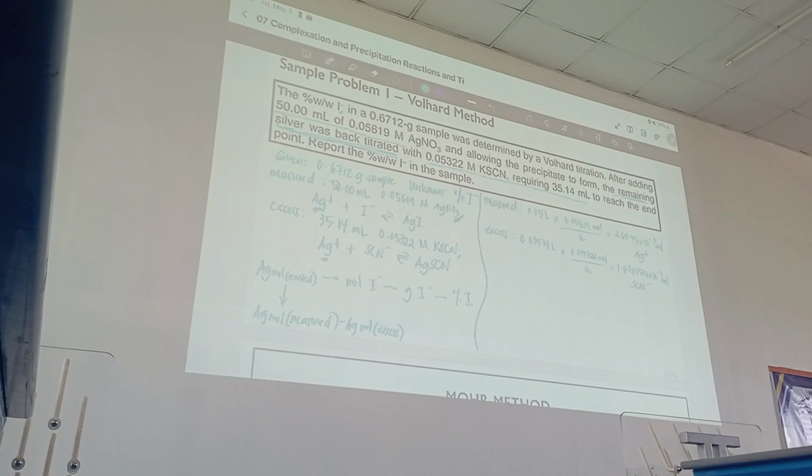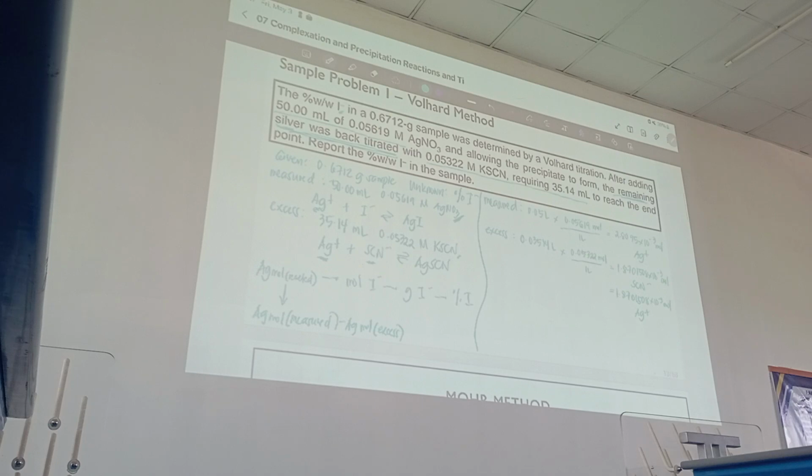Pero, same man ang value ni AgI at Ag plus at SCN minus. So, we can simply assume that this is also 1.8731508 times 10 to the power negative 3 moles of Ag plus.